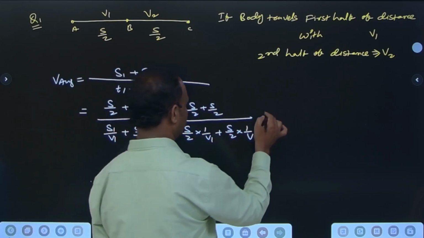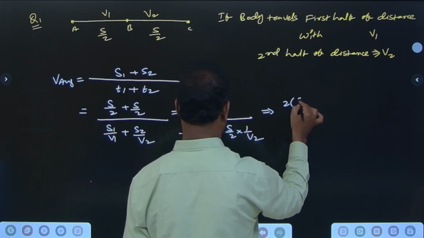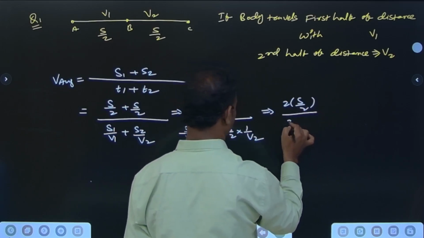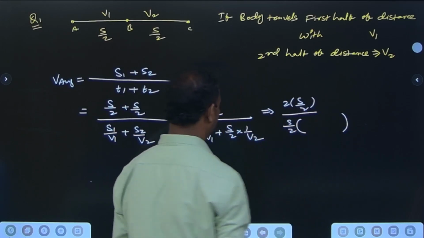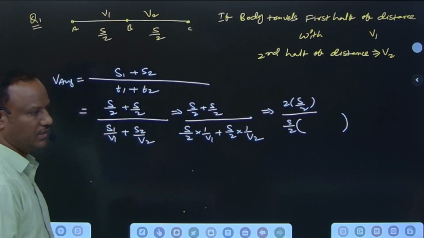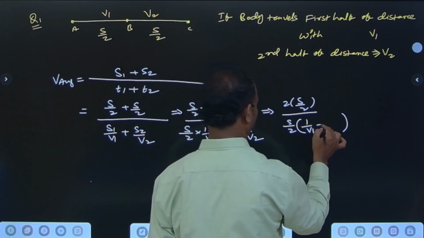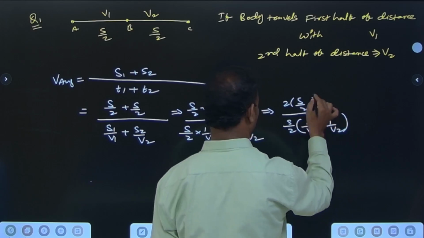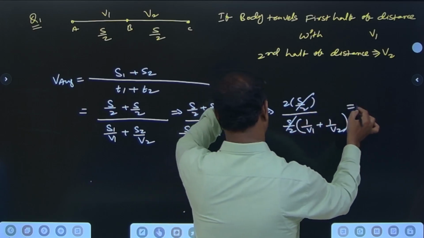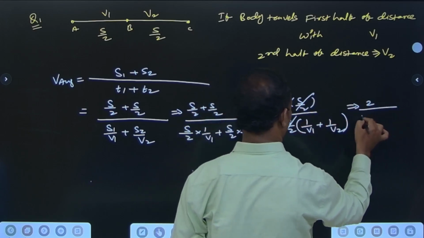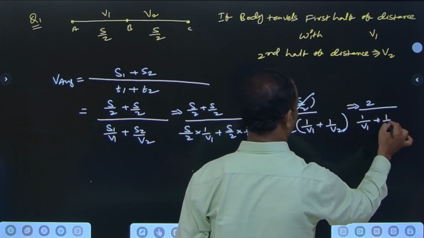So we can write this as 2 times S by 2, divided by S by 2, which is common in the denominator, times 1 by V1 plus 1 by V2. These two will be cancelled, so it is equal to 2 by (1 by V1 plus 1 by V2).